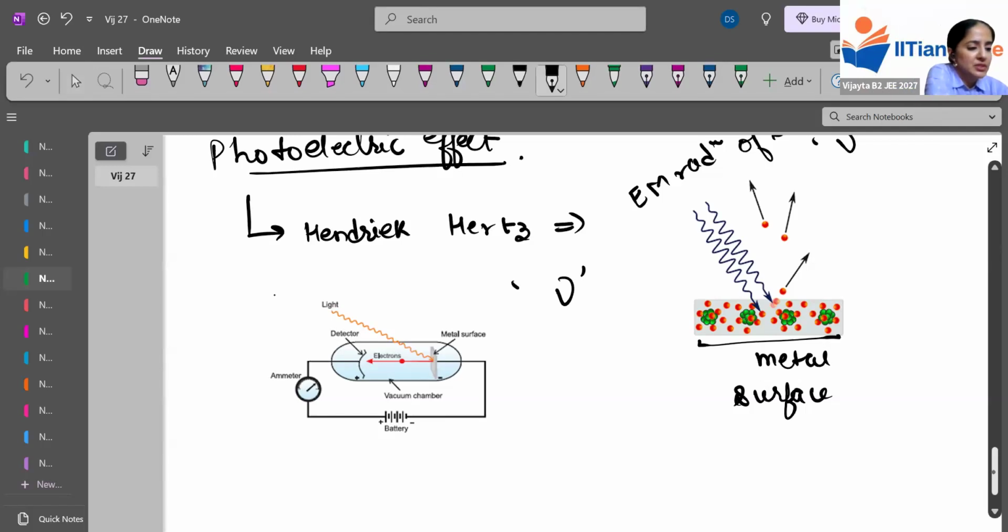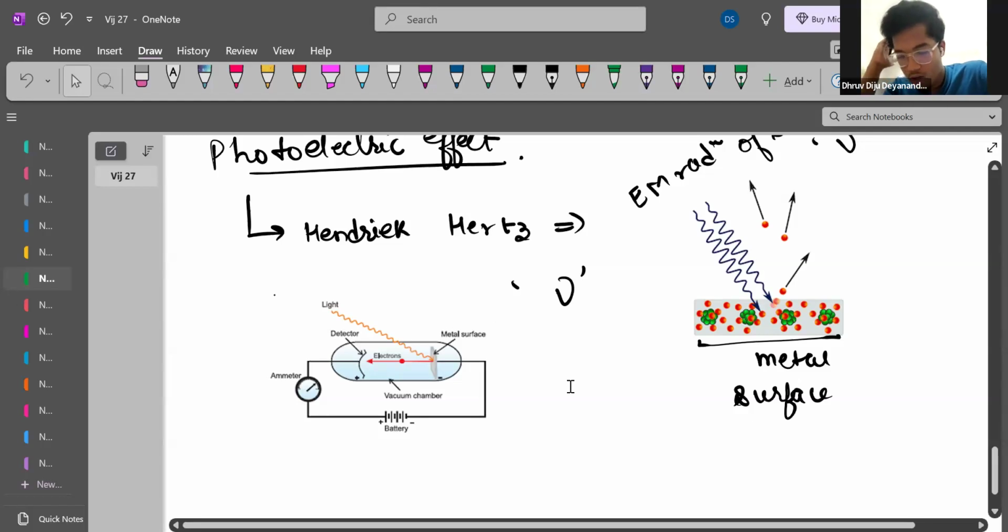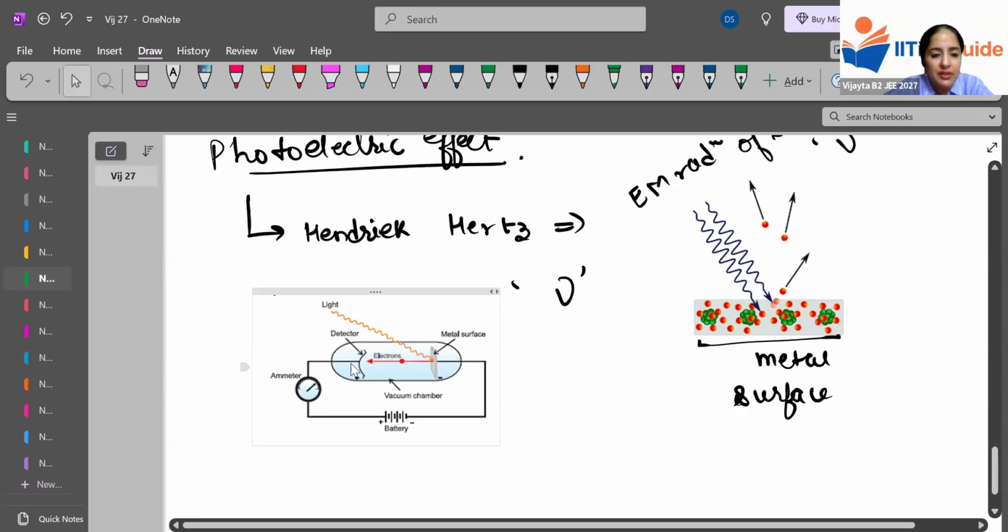Radiation of suitable frequency is put on a certain metal from where electrons are ejected, which is further connected to a detector, and suitable current is generated.